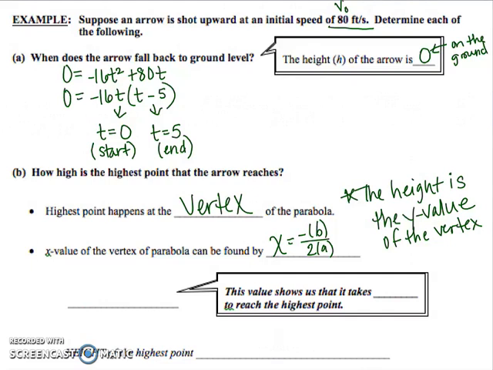If we want to solve this, we know that our a value is negative 16 and our b value is 80. Those come straight from our equation above. We have to find the x coordinate in order to find the y coordinate, because we need to plug x in to get y.